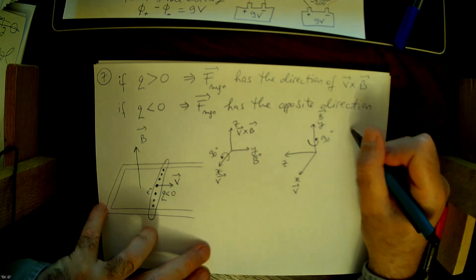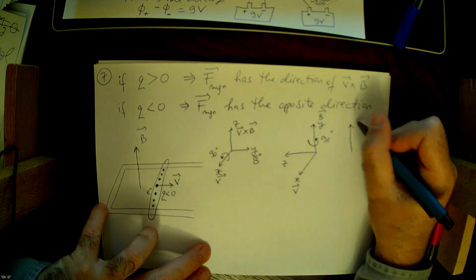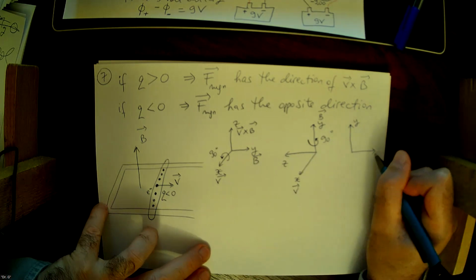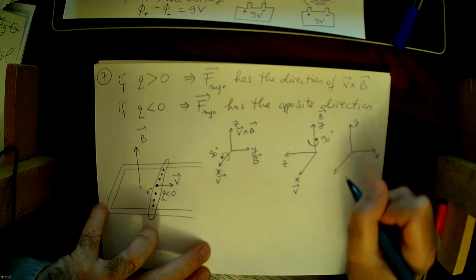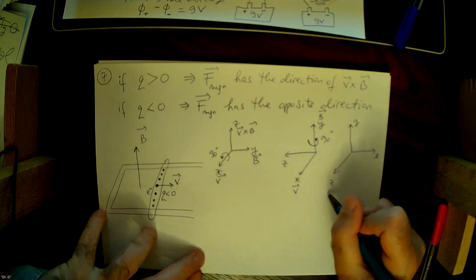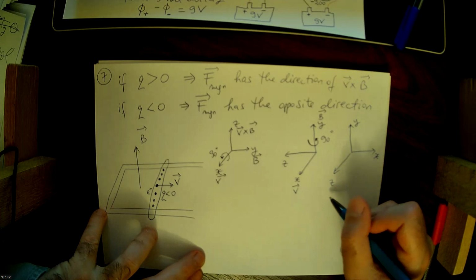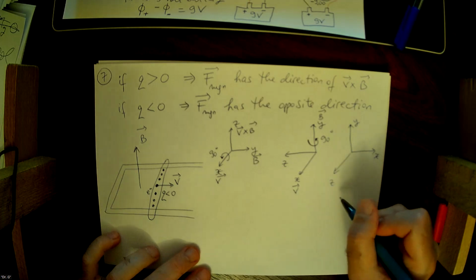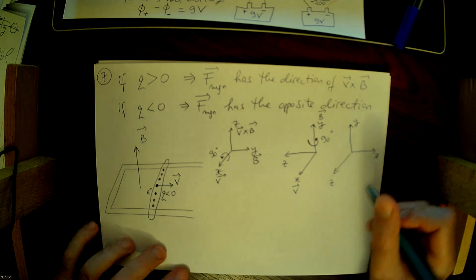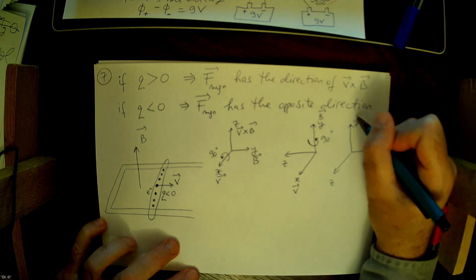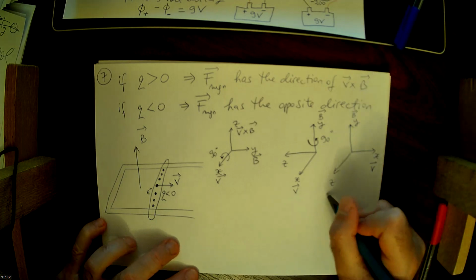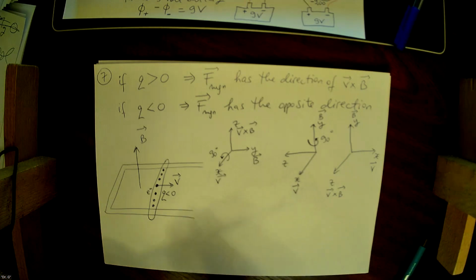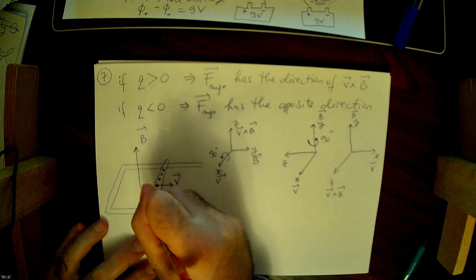And what's going to happen, I will end up with y this way, x this way, and z out of the page, which shows me the direction of V cross B. So V cross B will be in this direction.